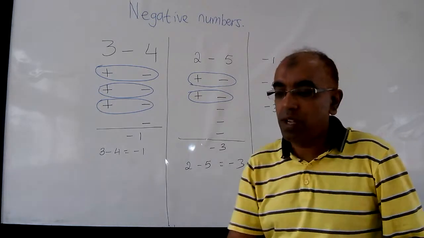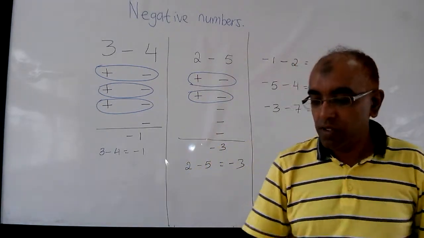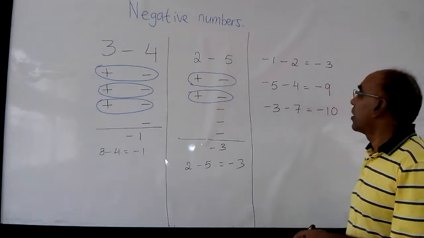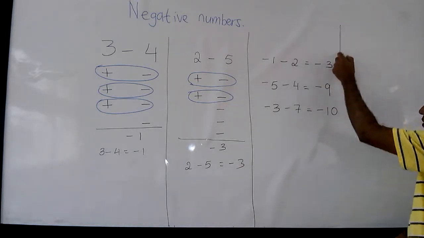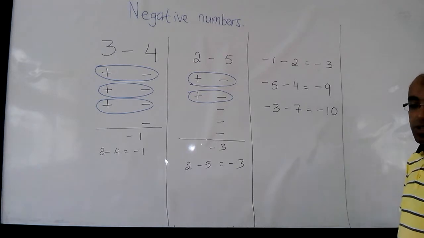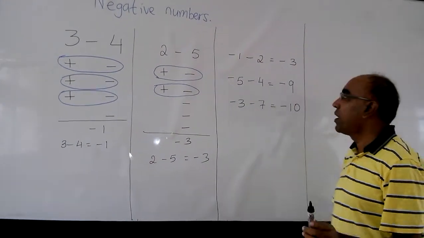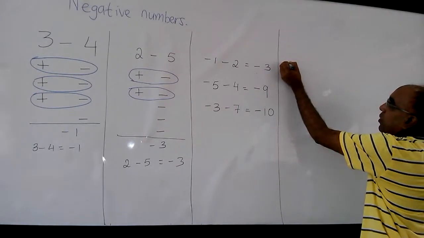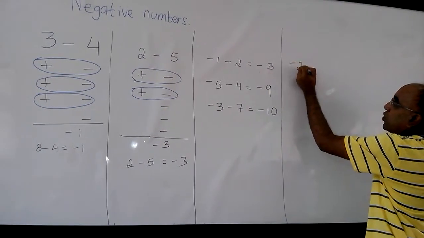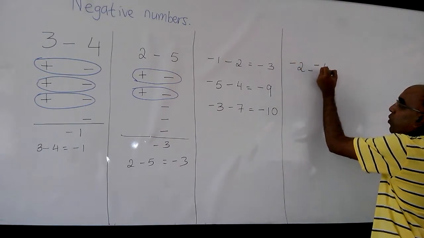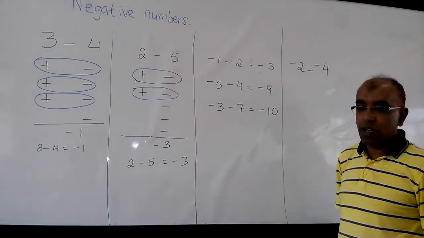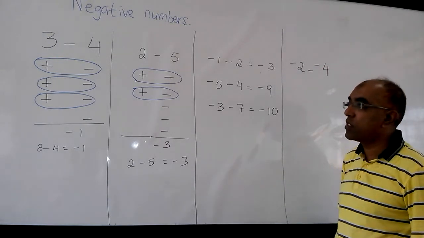And now we'll have a look at another case which is different, right? So let's see. If we have this type of number, -2 minus 4.